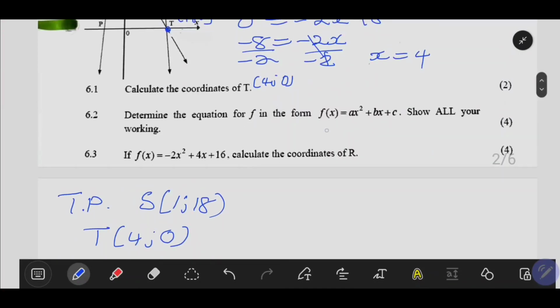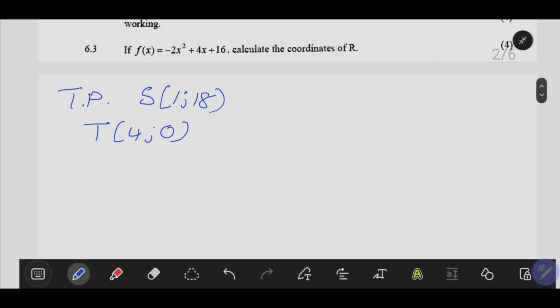Then they want you to determine the equation of the graph with this little information. That is where you're going to apply the formula, which says f(x) is equal to a into (x minus p) all squared plus q. This formula will help you to determine the equation of the graph.